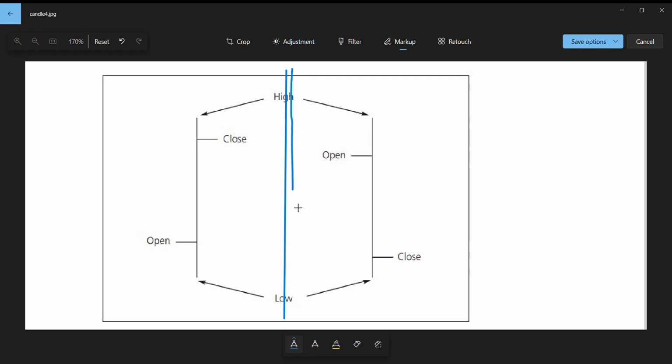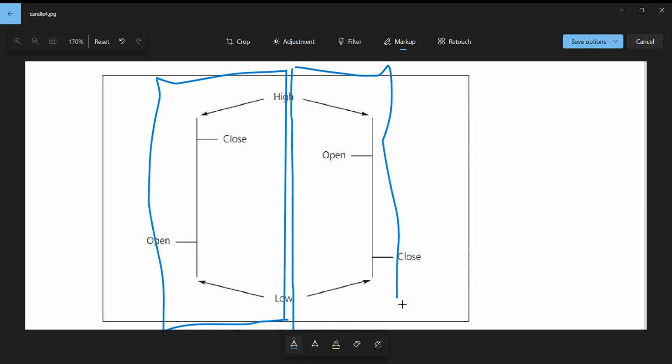I divided the high and the low into 2, such that this part takes its own part, and this part also takes its own part. This part we are going to call part A, and this is another part called part B. We are going to see that right now in our next slide.